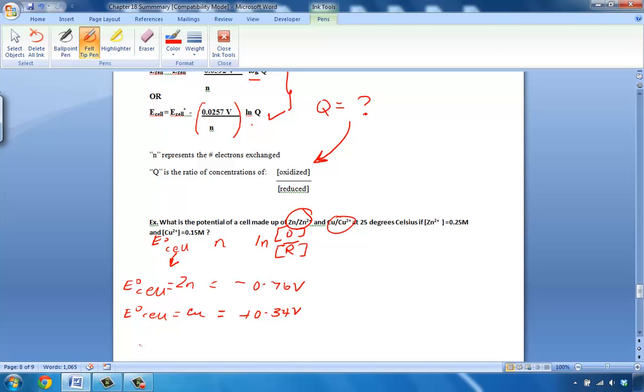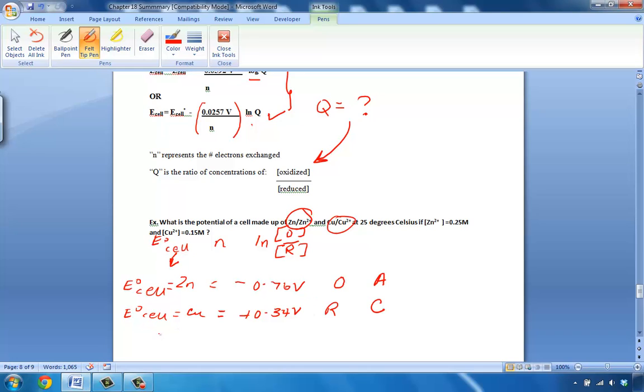The trend tells us that the more positive the value, the more likely it is to be reduced, and that is the copper. If copper is more likely to be reduced, the zinc is more likely to be oxidized. The oxidized half relates to the anode, and the reduction half refers to the cathode.